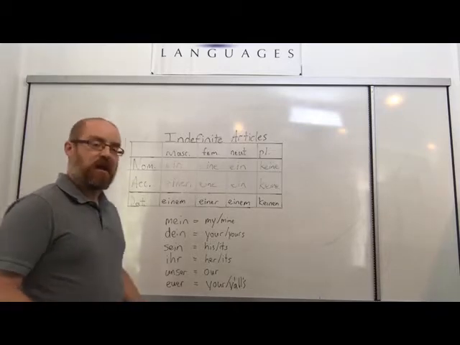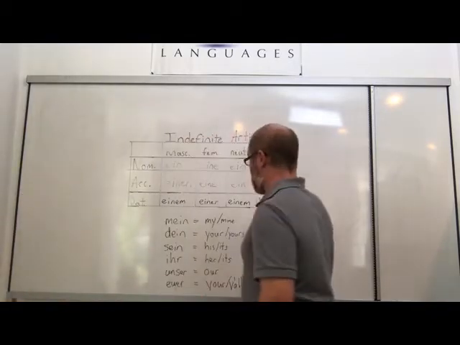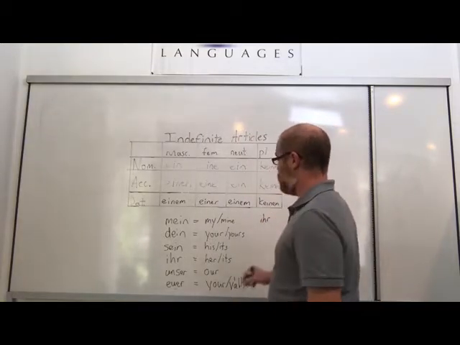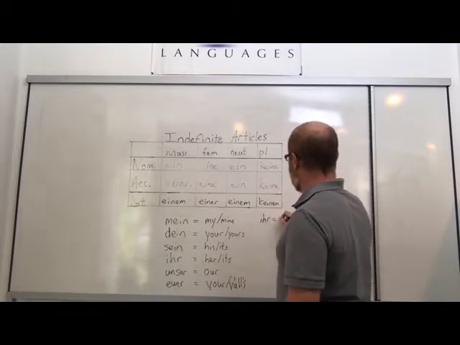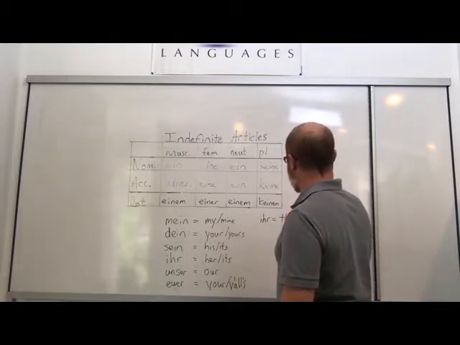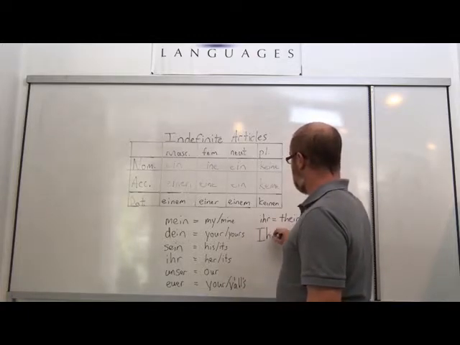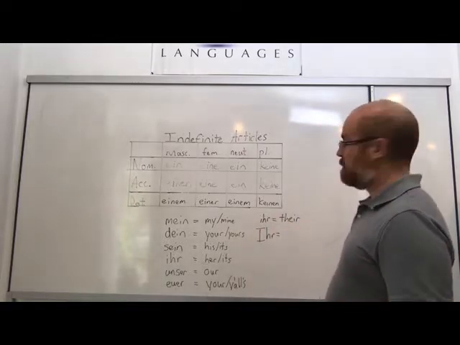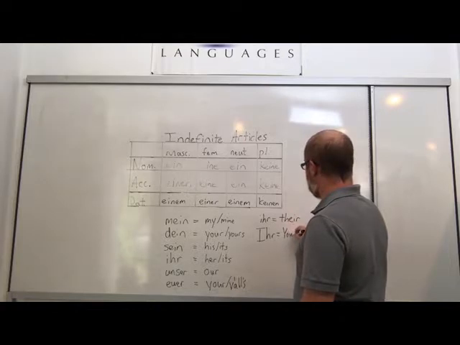And then we have their, which I will write up here since we've run out of space. It also looks similar to her, but you would see it in a plural context. And then we have the Sie formal, Ihr, so capitalize I. That's your formal.